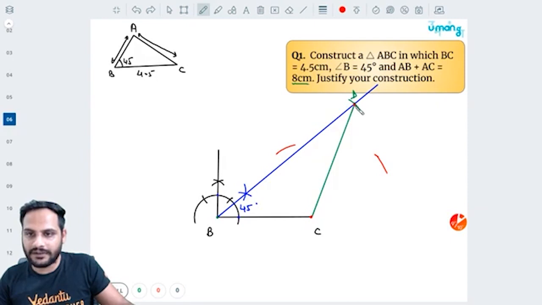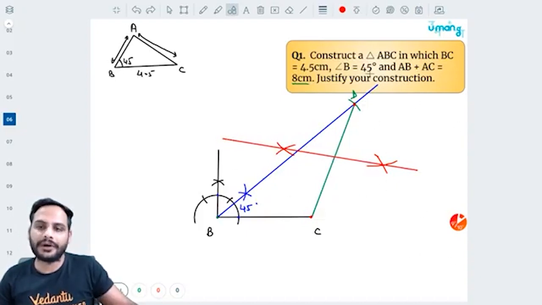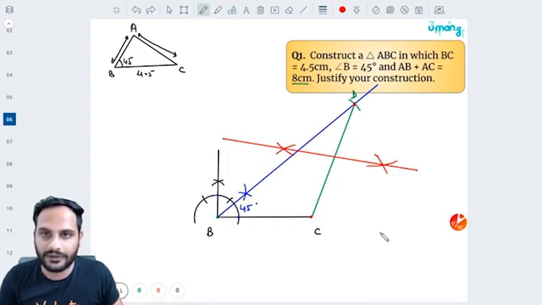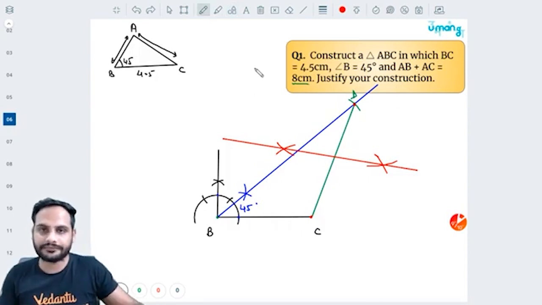Keep the tip of the compass at D, make one cut over here, another cut over here. So wherever it is intersecting, I will draw a line passing through these intersection points. So this will be your perpendicular bisector of CD.